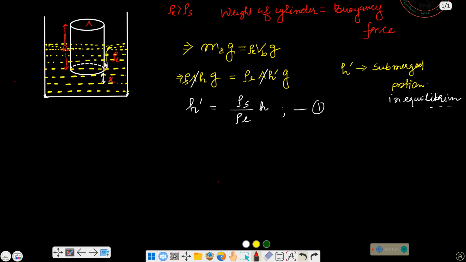If it is released, then it will perform SHM. If you depress this by a small amount x vertically and release it, then it will perform SHM or oscillation. Now we need to find out the time period of the oscillation.